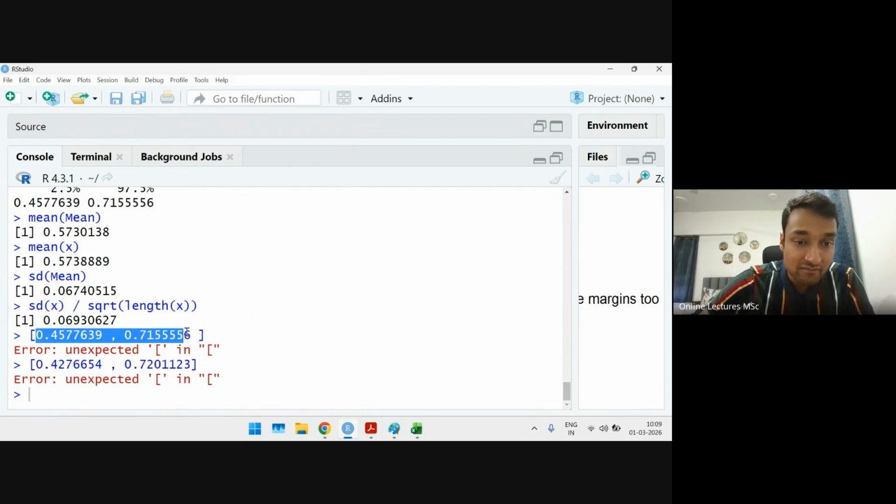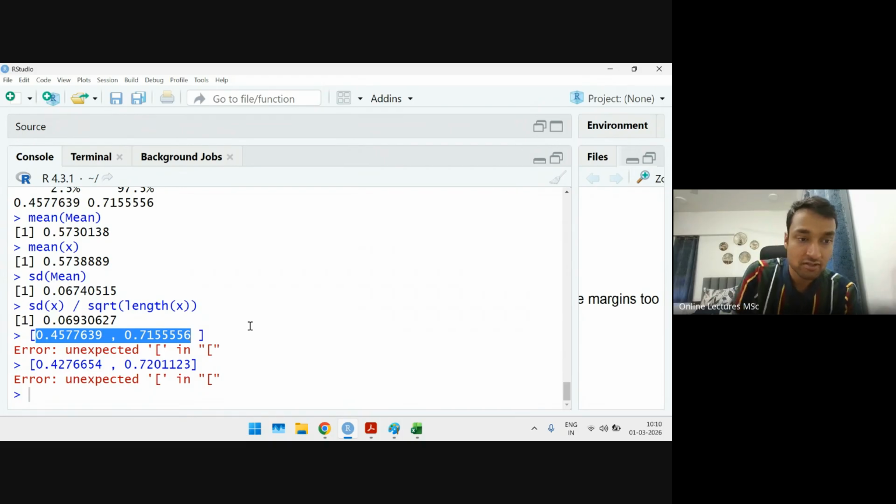Wider means the width is higher, so this entire interval can fit within this interval. The interval you got from the bootstrap approach is of narrower width than the original one.